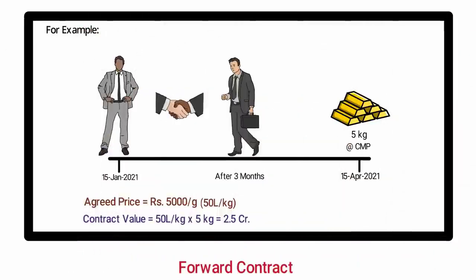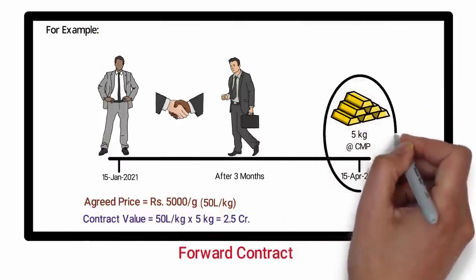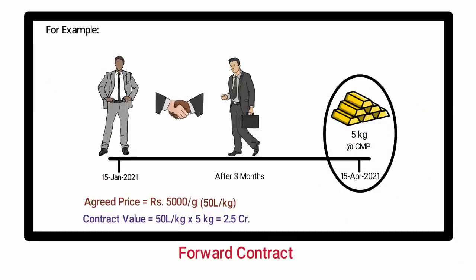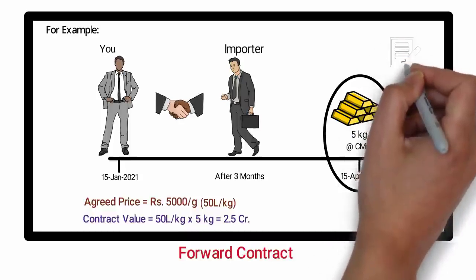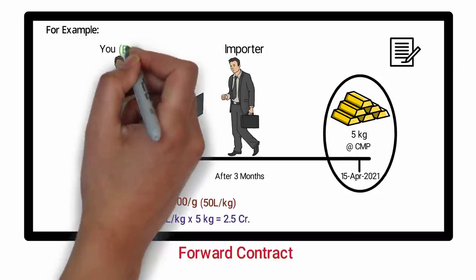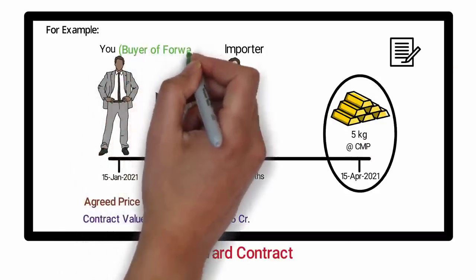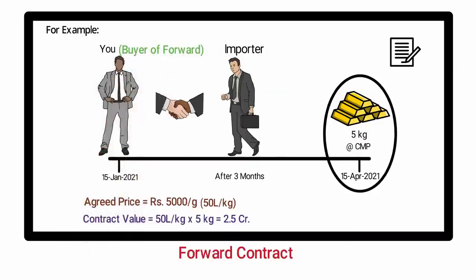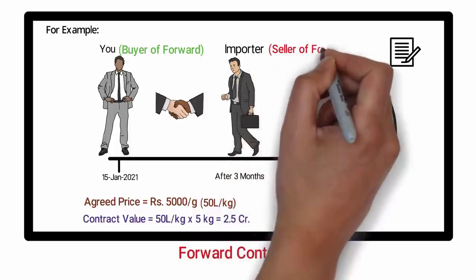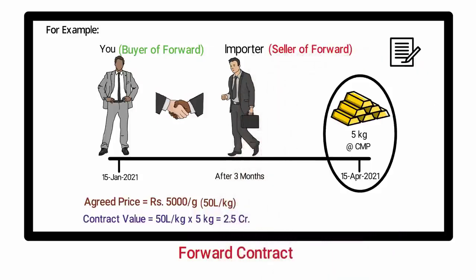This is our forward contract. Whatever the price of gold will be after 3 months, both you and the gold importer are obliged to honor the agreement. Since you are buying the gold from the importer, you are the buyer of the forward contract and the importer is the seller of the forward contract.